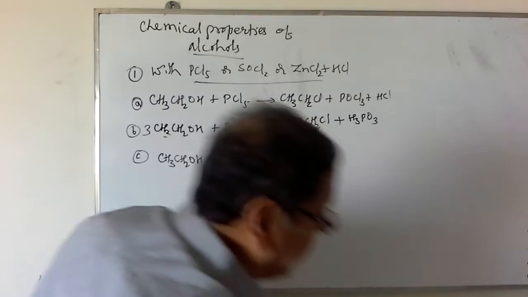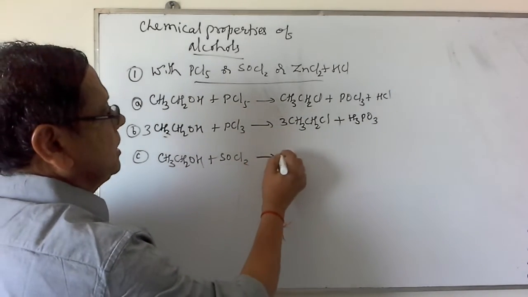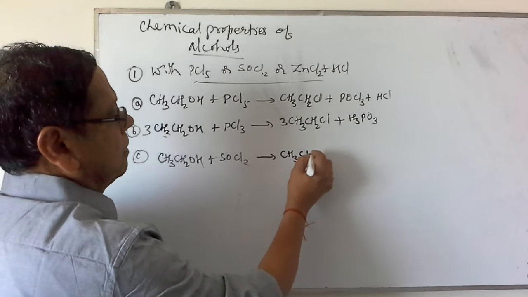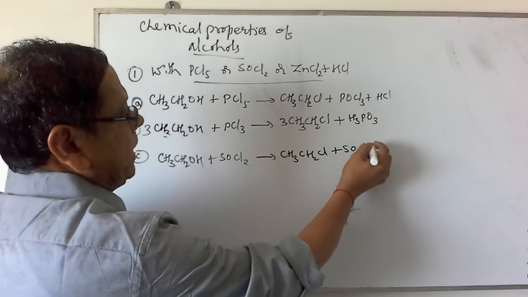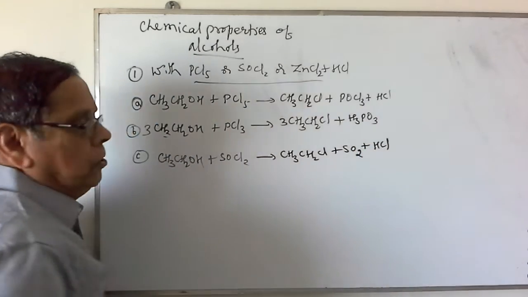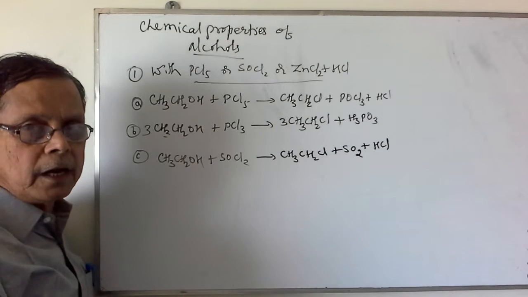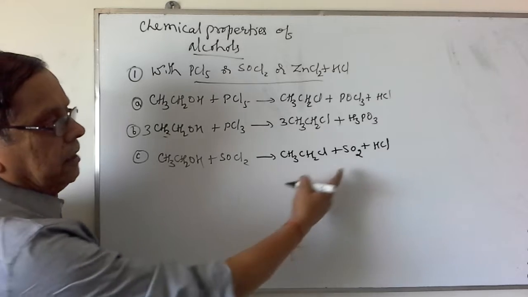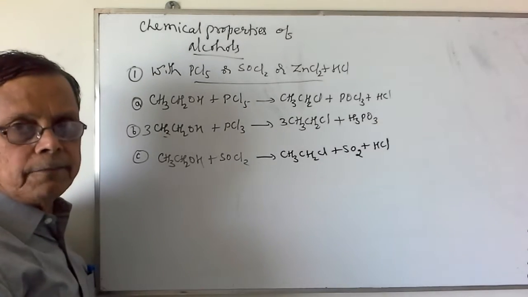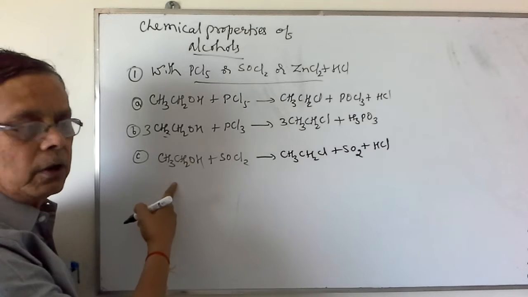The thionyl chloride will also react with ethyl alcohol to give rise to CH3CH2Cl along with the formation of SO2 and HCl. To convert an alcohol into the corresponding chlorine derivative, this is the best method because the other two products are gaseous products. So we will get almost pure ethyl chloride from the ethyl alcohol.